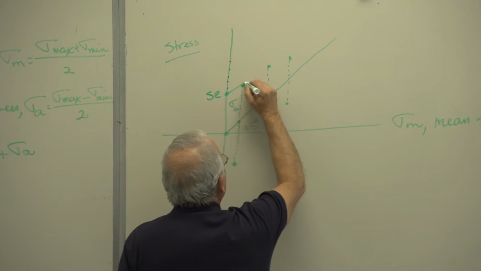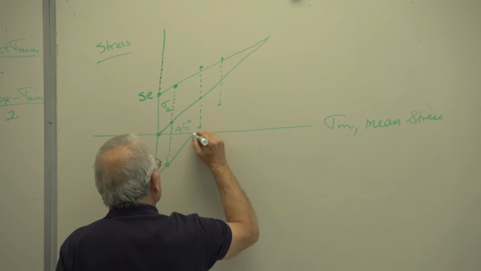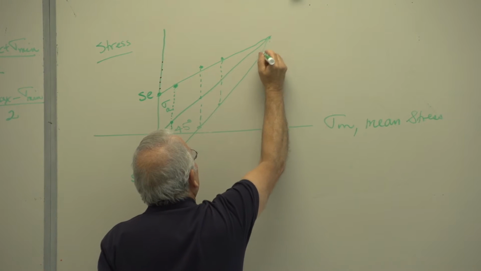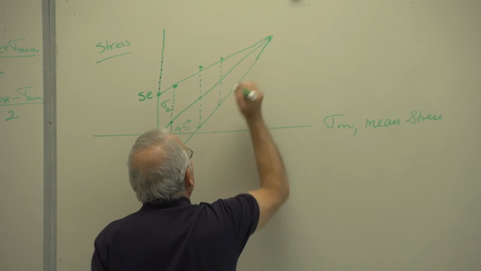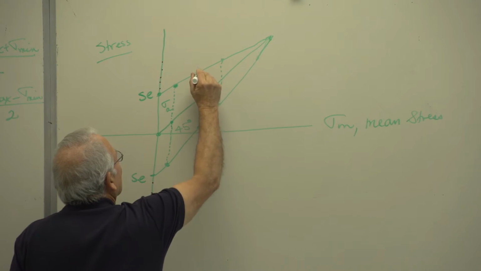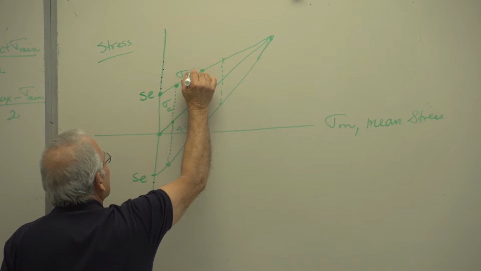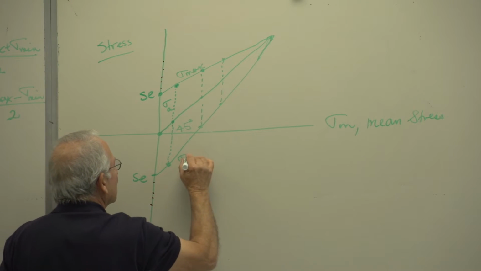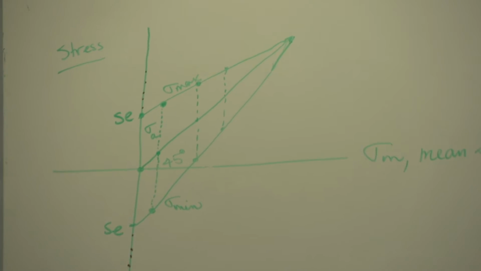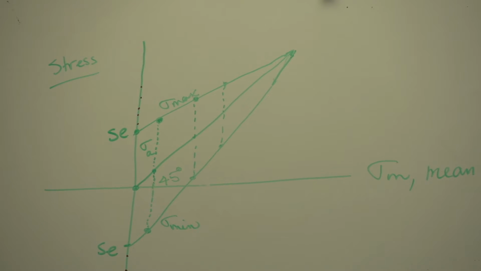If I now draw a line through all of these points and through all of those points, I went a little bit further than those, but you get points all over the place. This therefore shows you the maximum stress, and that shows you the minimum stress, right? The minimum stress is sigma m minus sigma a.